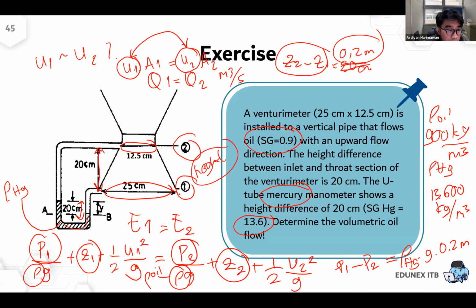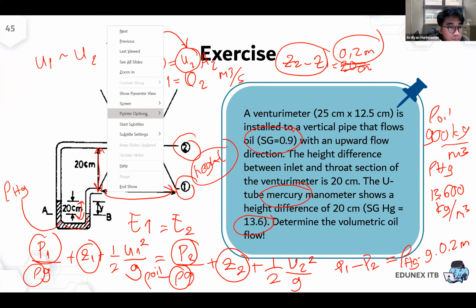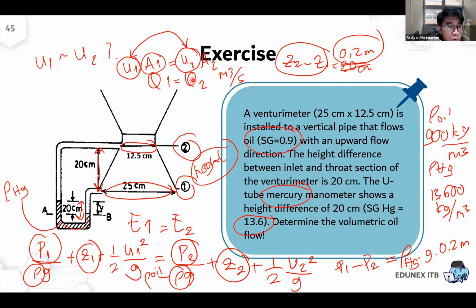At point 1, you can calculate the cross-sectional area as a circle with a diameter of 25 centimeters. And at point 2, it's a circle with a diameter of 12.5 centimeters. So you have the value of area. This equation that you need to use to correlate comes from the mass balance equation, correct?